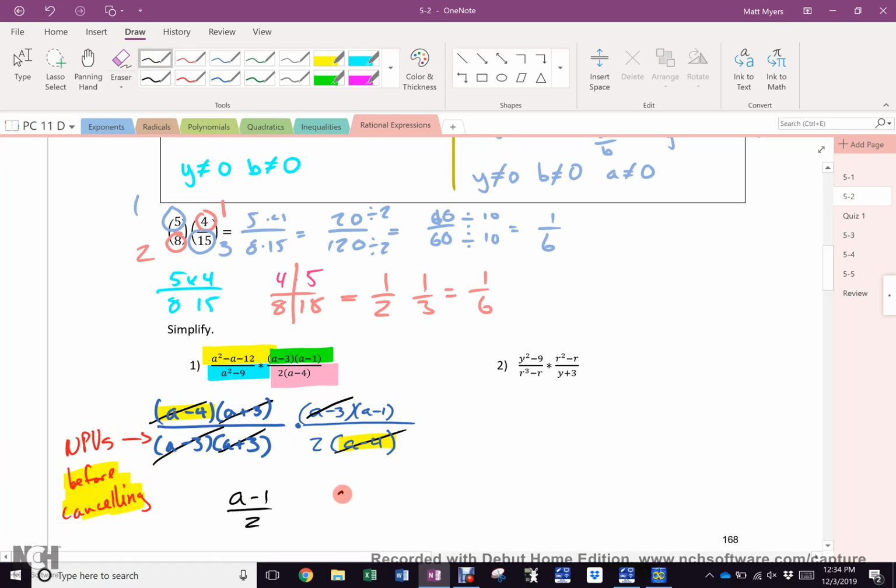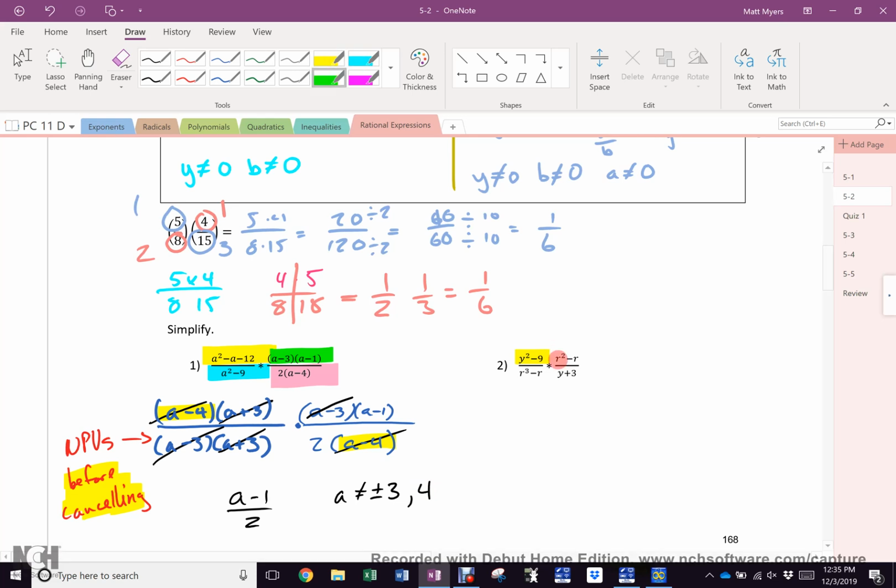So, of course, A cannot be plus or minus 3 and 4. Everybody good? And basically, we're just doing fractions, aren't we? With some factoring beforehand. 4 colors again.